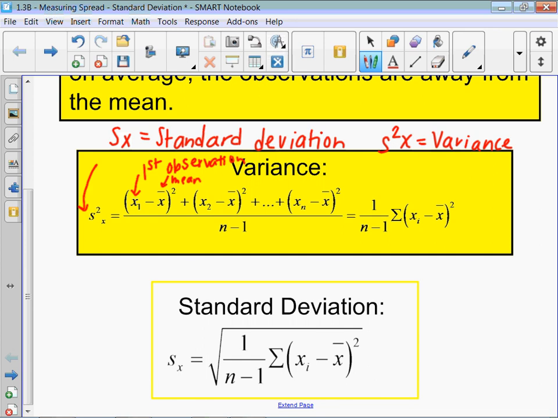So it's the first observation minus the mean, and we square it, plus the second observation minus the mean, and you square it. And then you do every single observation minus the mean squared, the sum of that whole thing. And you divide by n minus 1. n is the number of observations, right?